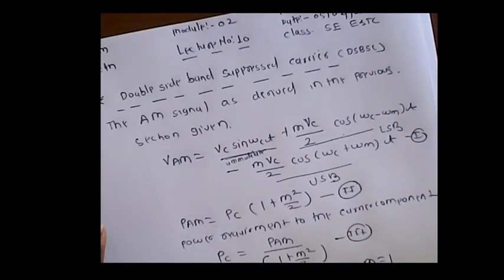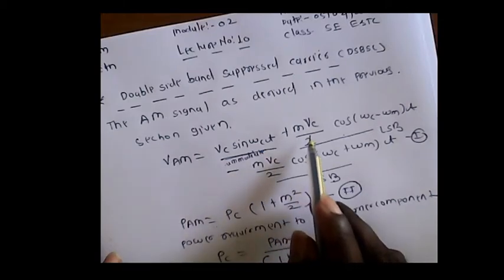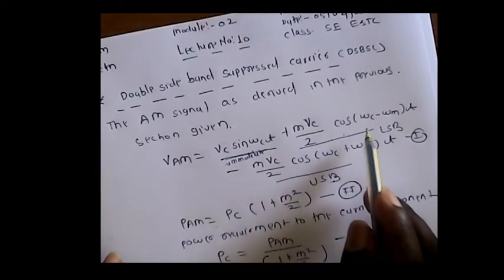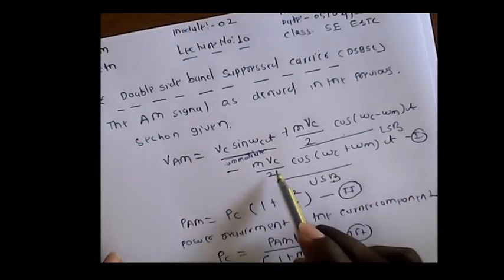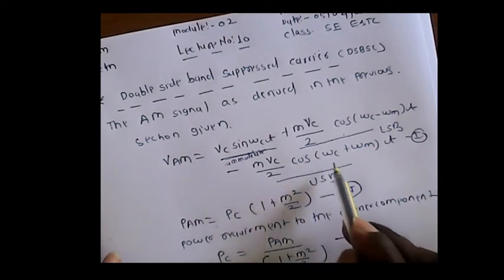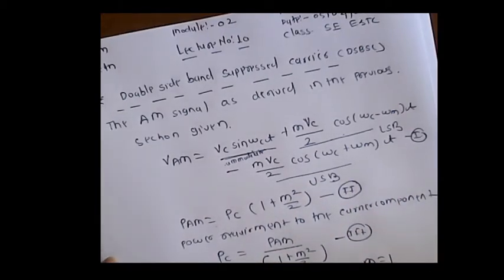So if you observe this equation in double sideband suppressed carrier, Vc sin omega_c t plus m Vc divided by 2 cos (omega_c - omega_m)t minus m Vc divided by 2 cos (omega_c + omega_m)t. So in this equation the only two components which carry the information are LSB and USB.